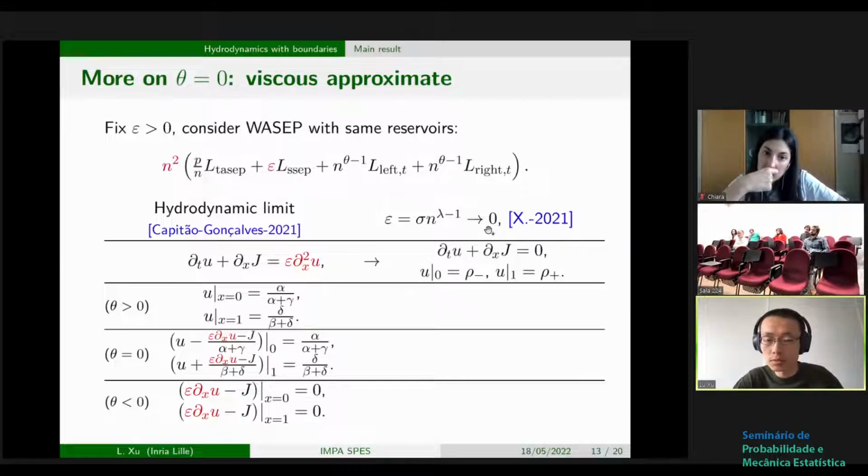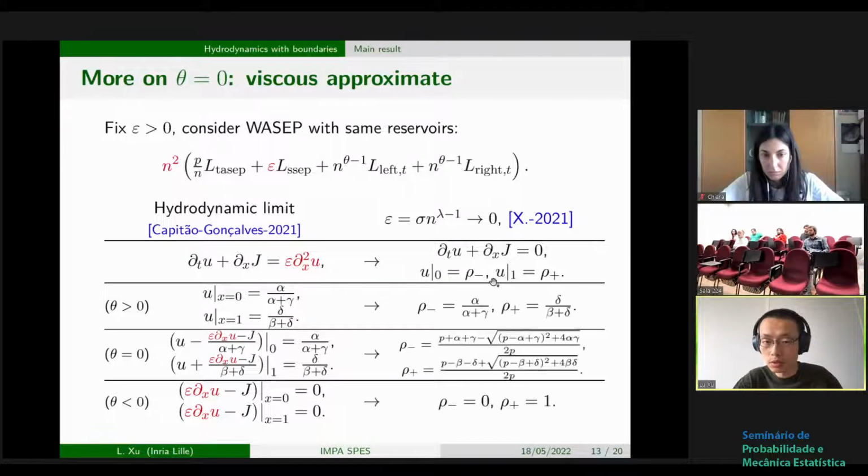So what is the limit? First, the limit of the equation is very simple. It's just the vanishing viscosity approximation I mentioned before, so this limit gives me the conservation law. And we can prove that no matter what this boundary condition looks like, the limit always gives me some Dirichlet boundary condition.